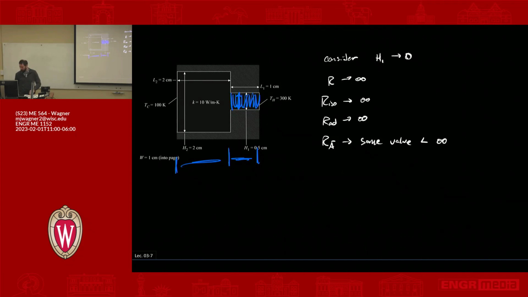All right, let's talk about one more model. So I'll just clear this page. There's one more model that people use. We've been thinking about heat that's flowing in varying areas as you're flowing along the path. But what if you have a situation as follows, where we have some channel where heat is flowing, it's adiabatic top and bottom.